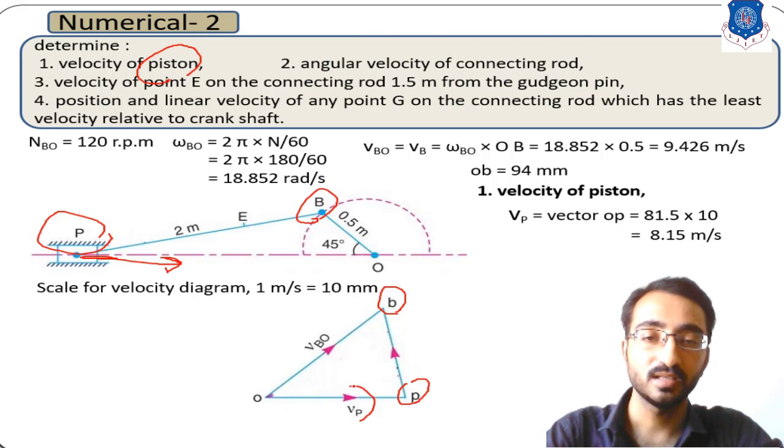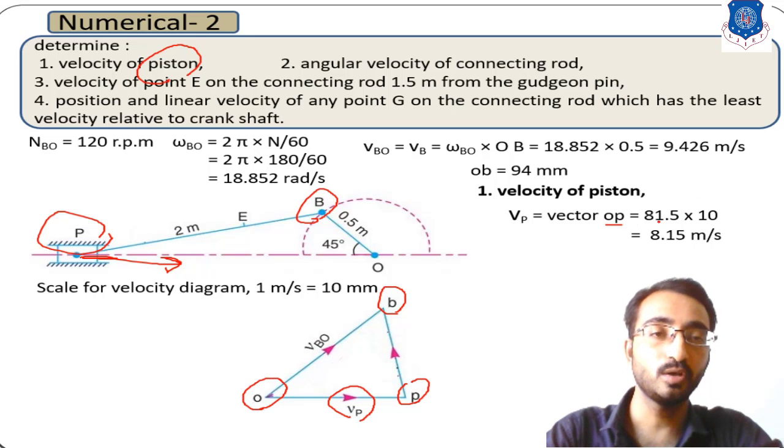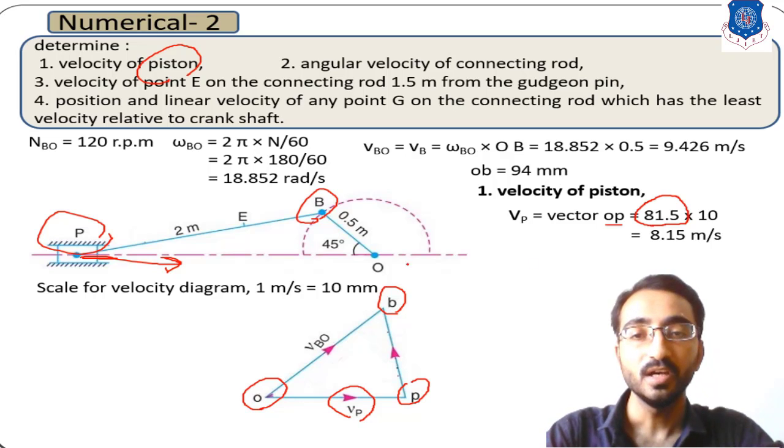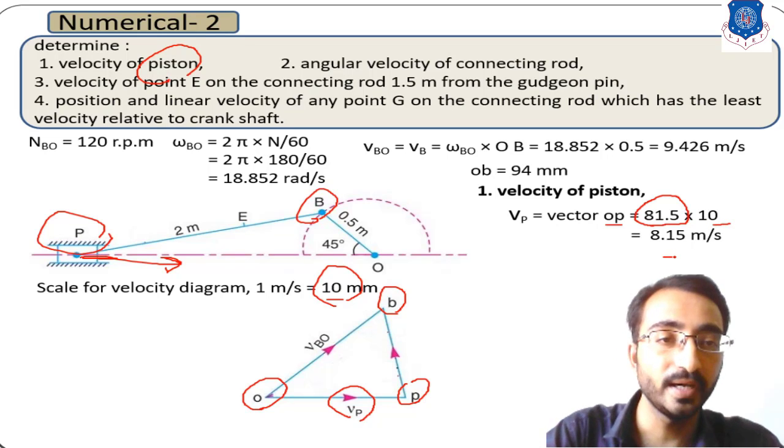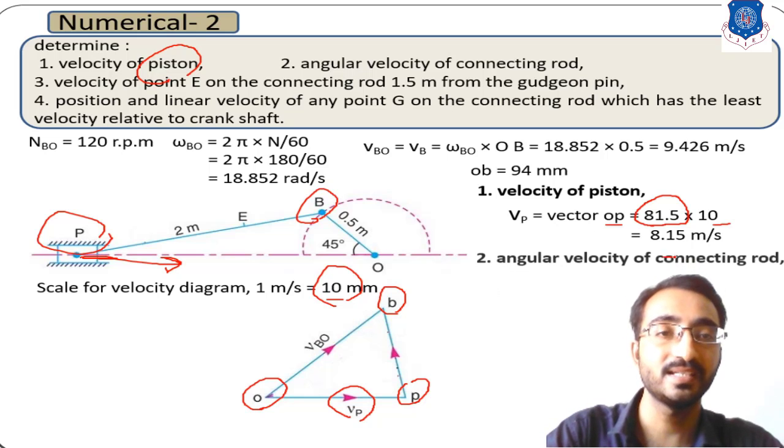So that's why this VP is the vector OP. Now the length of vector OP is 81.5 mm. So this dimension 81.5 will be multiplied with the scale, multiply by 10, that will give you 8.15 meter per second. That is the final velocity.